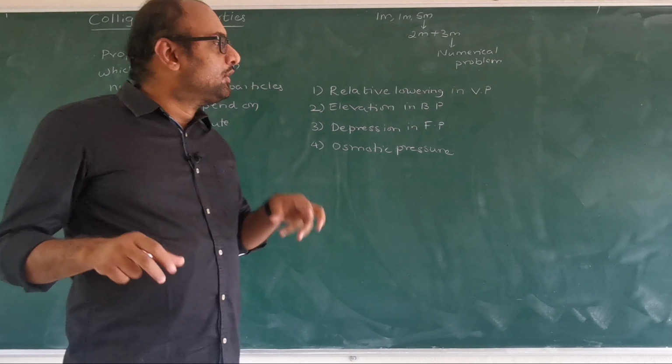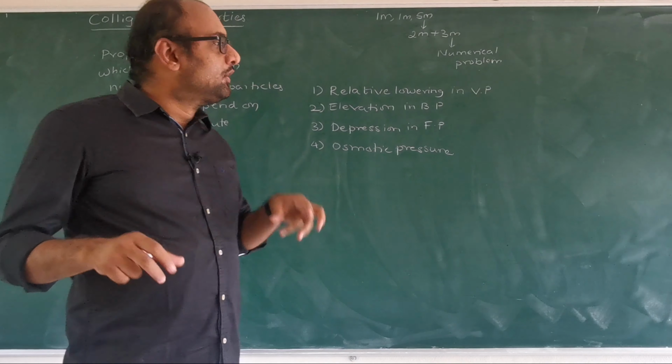Now, rearranging this, you get WB divided by WA, into MA divided by MB, and this is P naught A minus PA divided by P naught A. Now, what you are calculating here is the molar mass of the solute, MB.